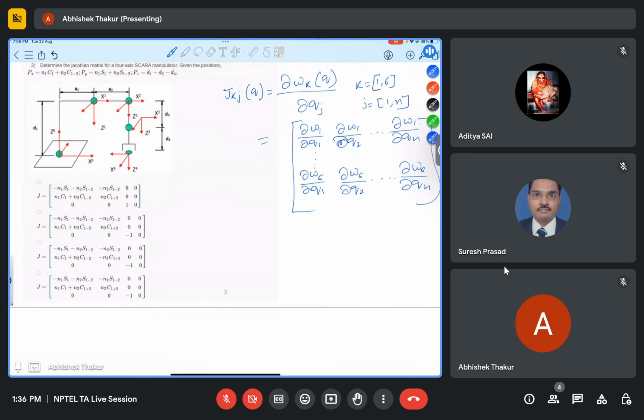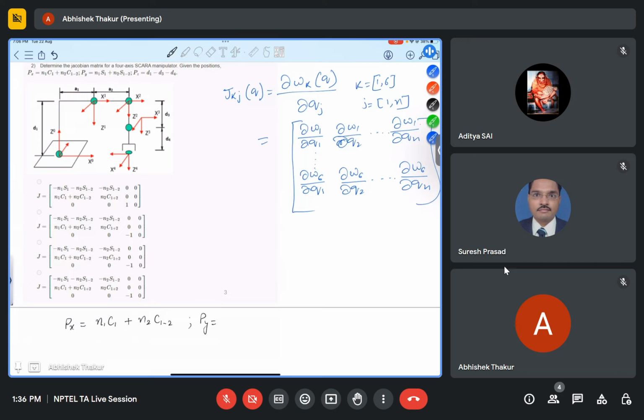In our question, our position vector px is given as n1 cos theta 1, that is c1, plus n2 c1 minus 2.